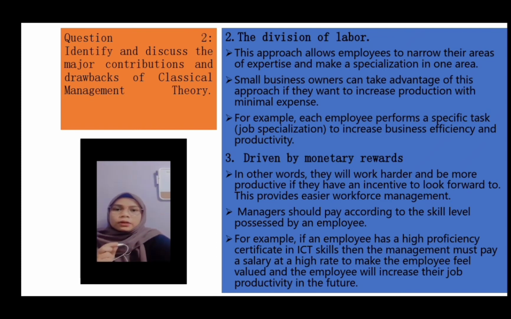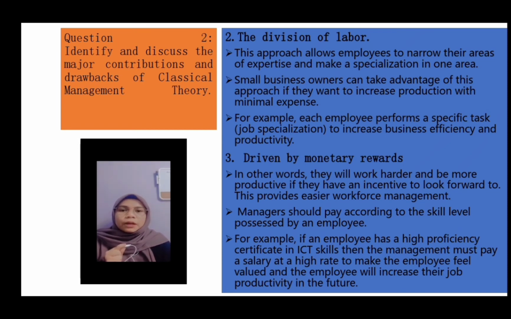Third is driving by monetary rewards. In other words, they will work harder and be more productive if they have an incentive to look forward to. This provides easier workforce management. Managers should pay according to the skill level possessed by an employee.